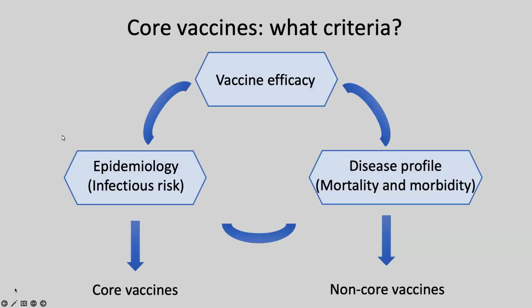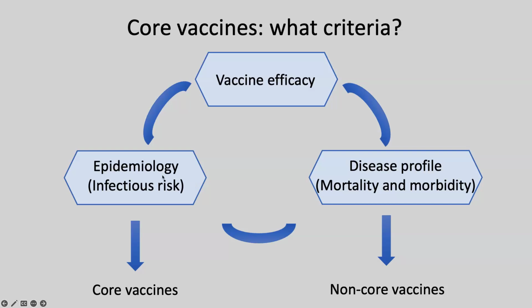The first point is to think about what a core vaccine is and what criteria have been decided for a core vaccine. As you can see, we have three criteria. The first one is to know if the disease is very dangerous, which means: do we have a high level of mortality, do we have an efficient treatment or not.